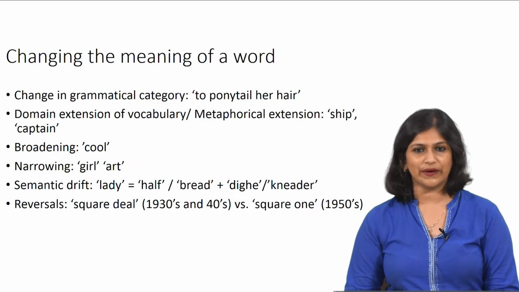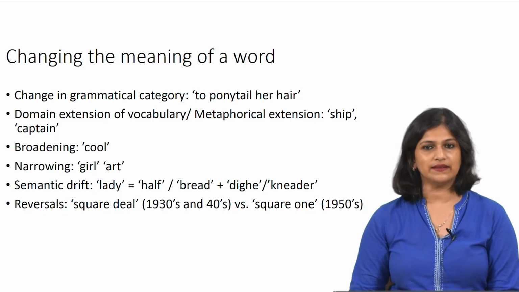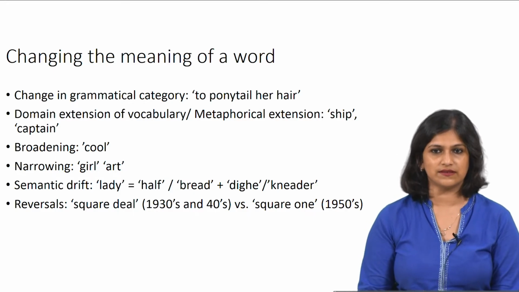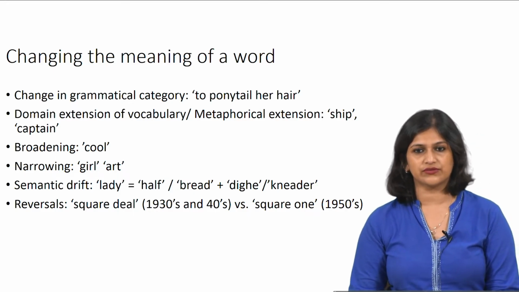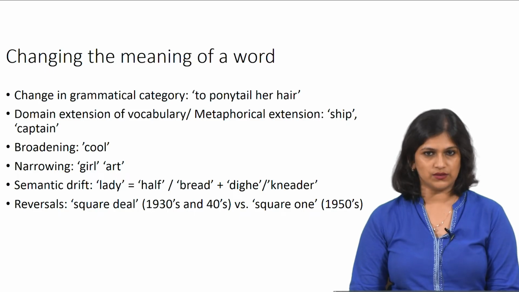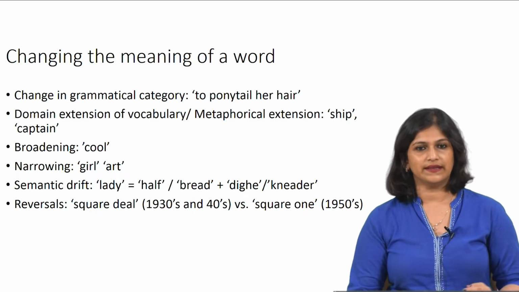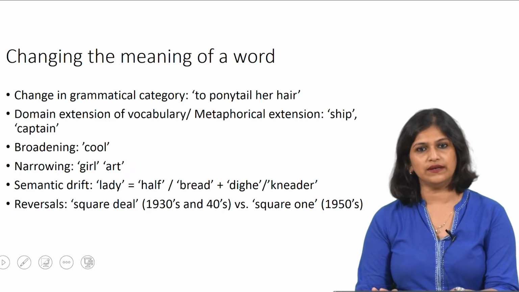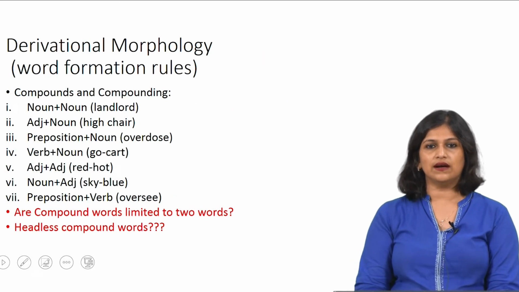When we say square deal, it was used in the 1930s and 40s, but now in the 1950s, the term for similar information is square one. So, from square deal to square one, there has been a reversal in the meaning.